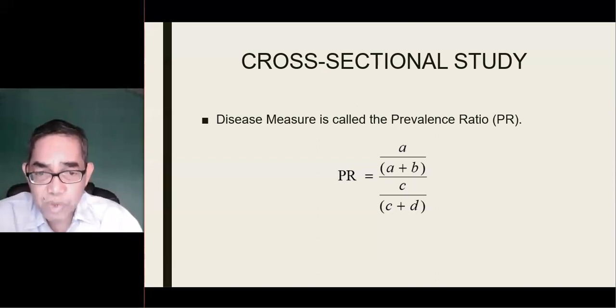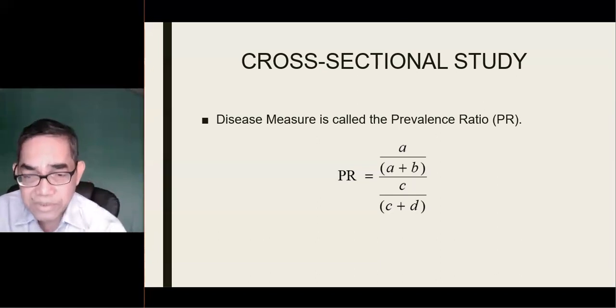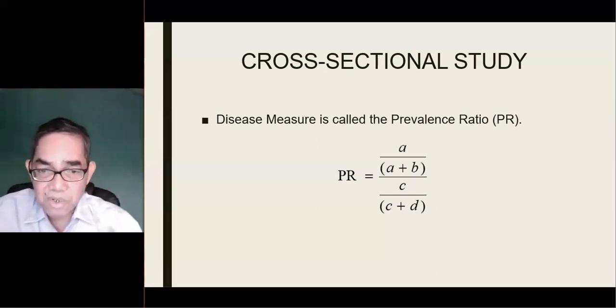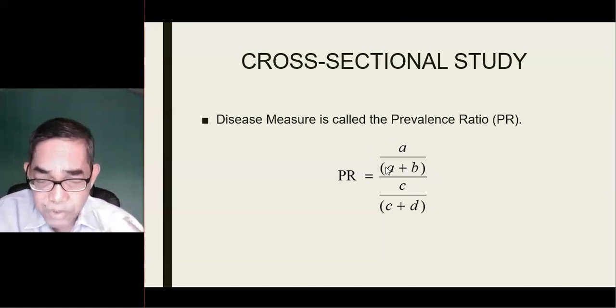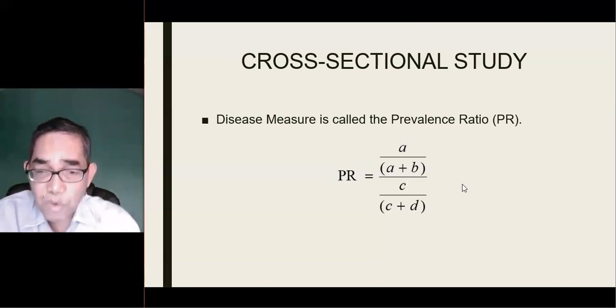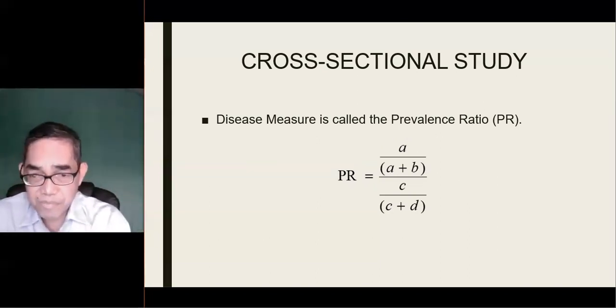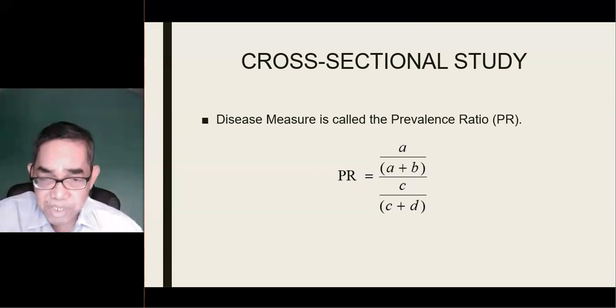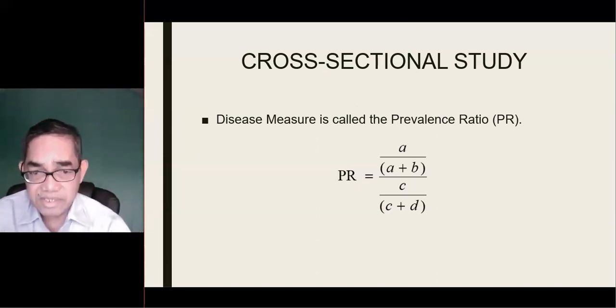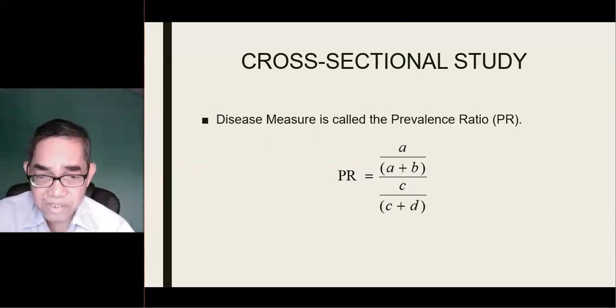Please understand that when we are talking of a research design, as I said a while ago, we look into factors affecting the disease. So if we look into whether the exposure is related to the disease in a cross-sectional study, the prevalence ratio equal to 1 means that the exposure is not related with the disease. So there is no relationship between the exposure and the disease if the prevalence ratio is equal to 1.